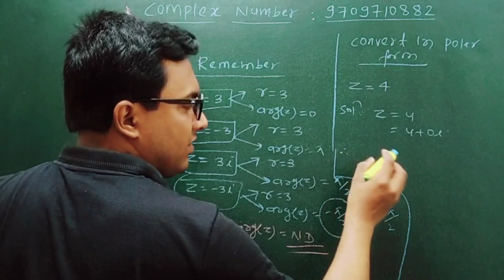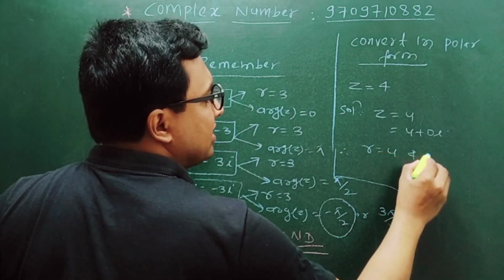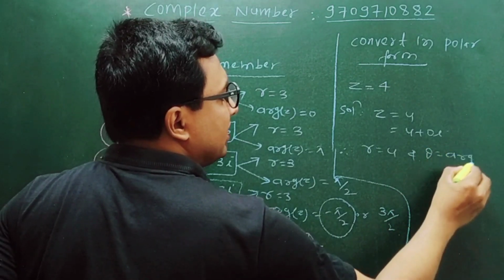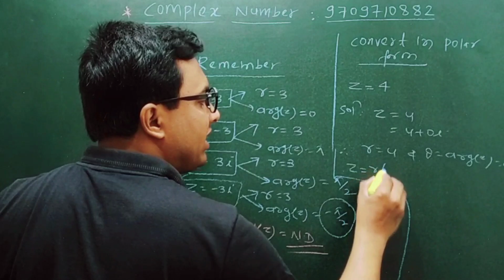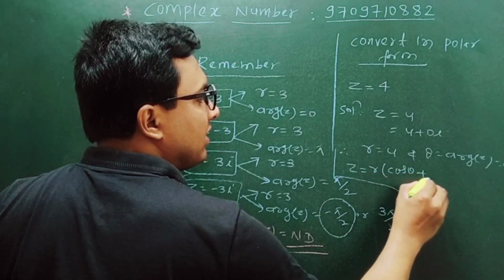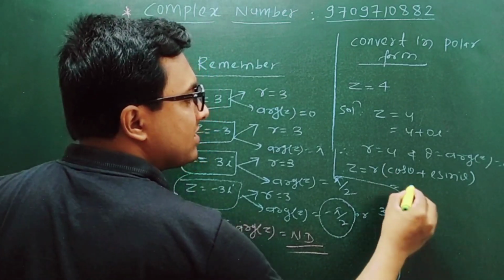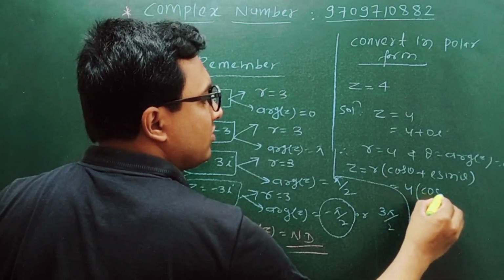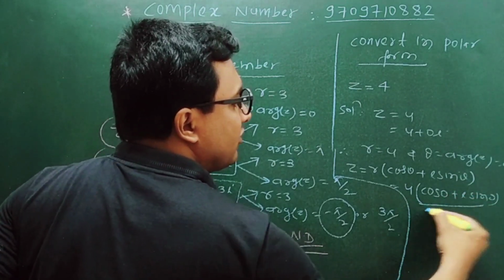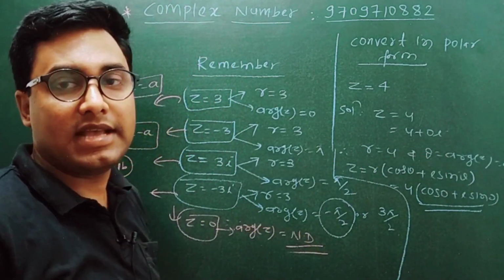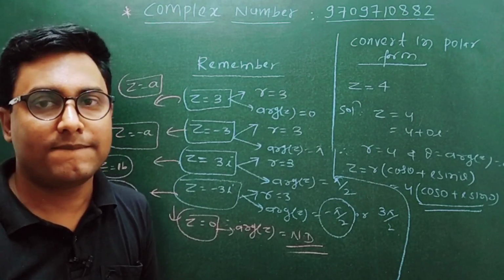Therefore r is equal to 4 and theta, the argument of z, is equal to 0. Therefore z is equal to r into cos theta plus iota sin theta. That means 4 into cos 0 plus iota sin 0. This is your final answer. Hence we can convert any complex number in polar form.